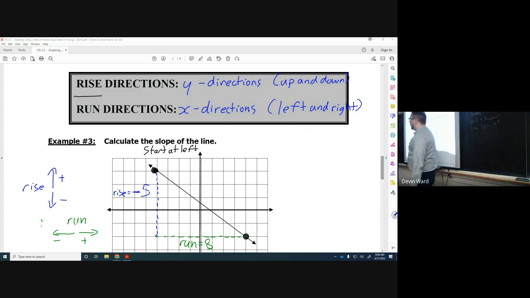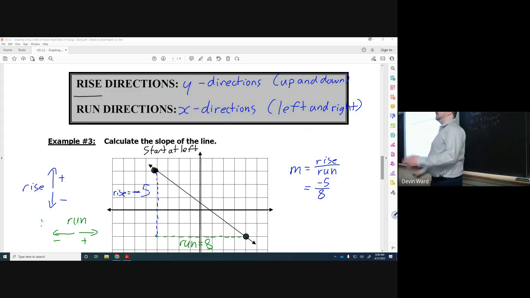Okay. So rise, if it's going up, up is positive, down is negative. Run, to the right is positive, to the left is negative. So slope is rise over run. Our rise we said was -5, and our run was 8.